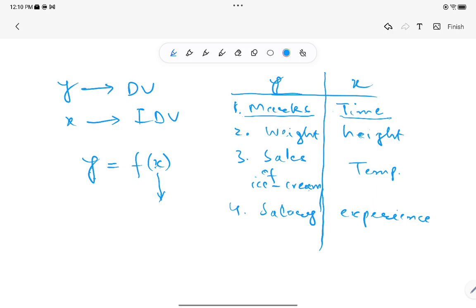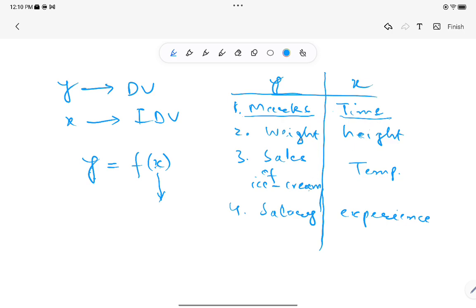But most of these examples are a little bit complicated. For example, marks obtained by a student depend upon time invested, but also on many other factors, for example, the standard of the paper. If the paper is too difficult, then marks obtained will be lesser.